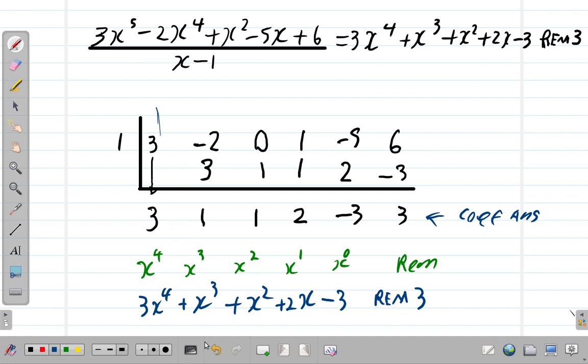So these are the coefficients of the original polynomial, times x to the 5th, x to the 4th, x to the 3, x to the 2, x to the 1, x to the 0, which is a constant. These are x to the 4, 3, 2, 1, 0, and then the remainder. All right, so that's it for this video.